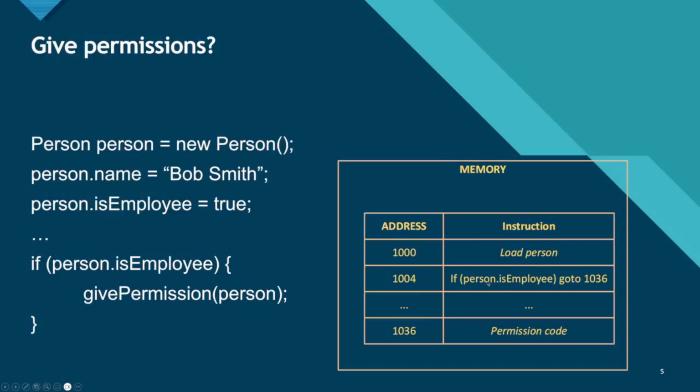Then it's going to say, if person is employee, it's going to jump down to this function call, wherever this is. In this case, we're assuming it's written at 1036. This is going to be the instructions to give the employee that code. And then once this is all done, it's going to do another go to and come right back to the next entry, so 1008.